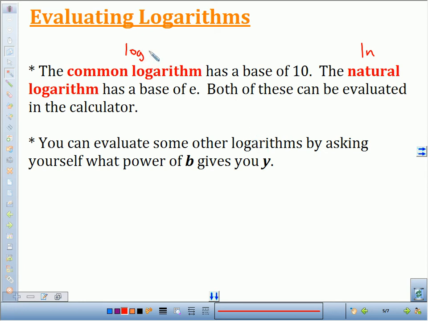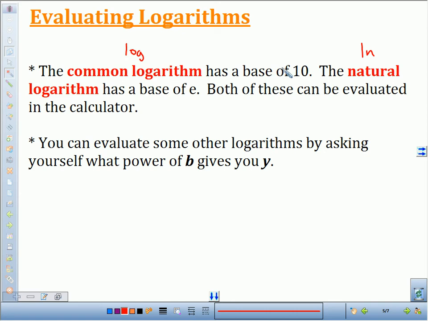So if I have log with no number, that's log base 10. If I have ln, that's natural logarithm with the base of e. The plus side of both of these is that these are both buttons on your calculator. So evaluating these is real simple. You press log, you type the number in, you hit enter, you get an answer. So those are easy.